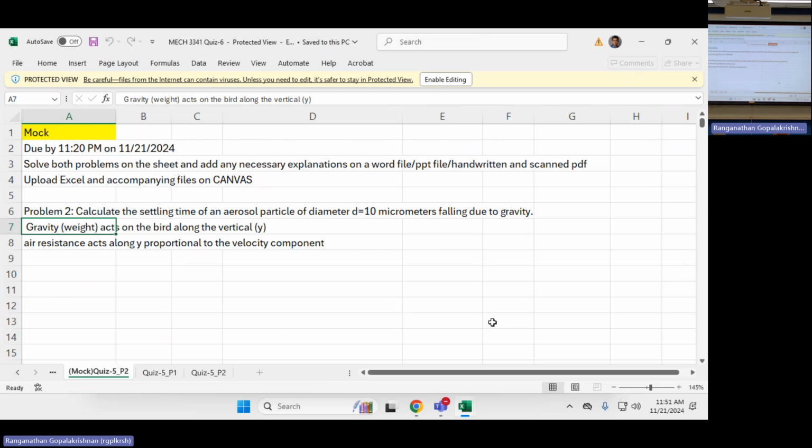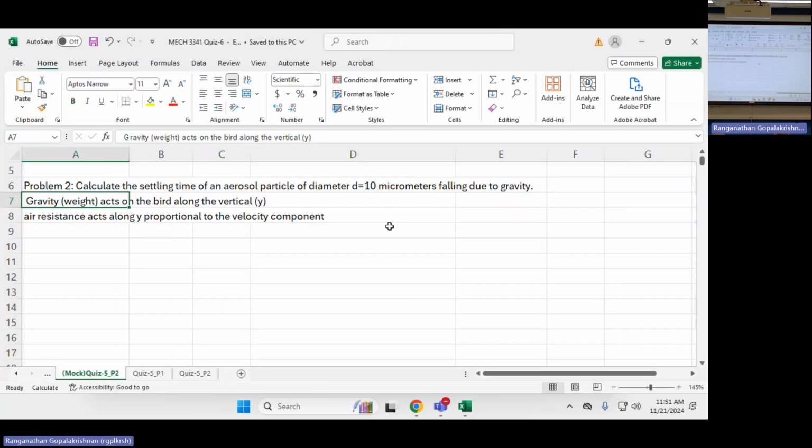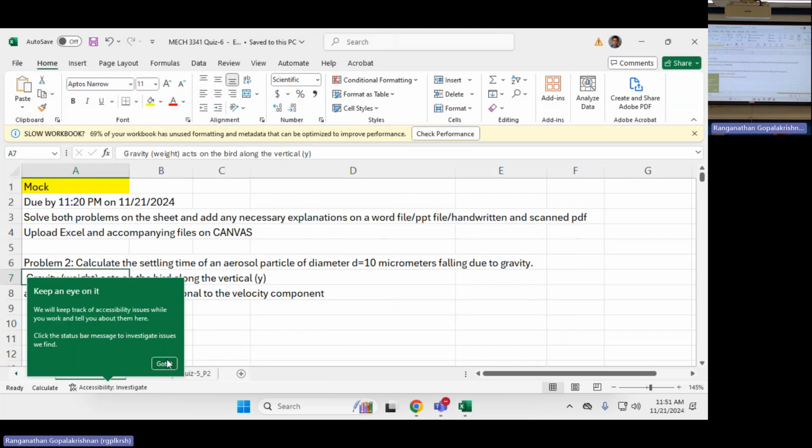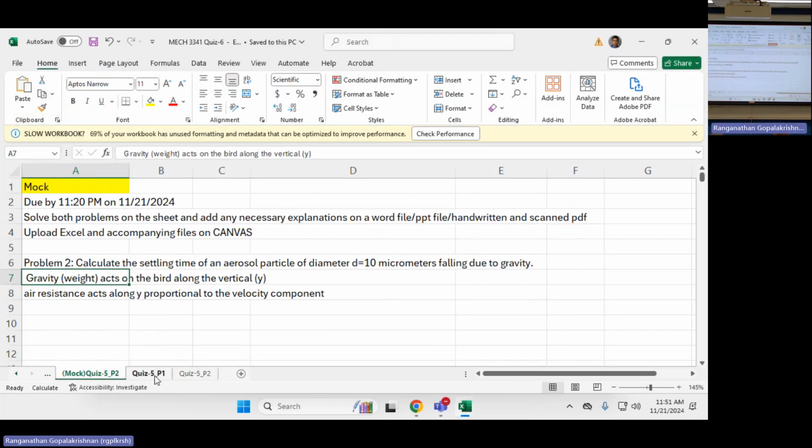Air resistance acts along the y direction, proportional to the velocity component. Okay, so I want you to be able to write a set of equations which describe the settling time. What do you mean by settling time? You drop it from a height, it takes a while for the particle to come down and reach the bottom. That period of time is the settling time.